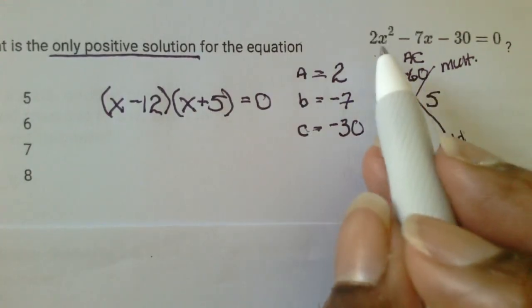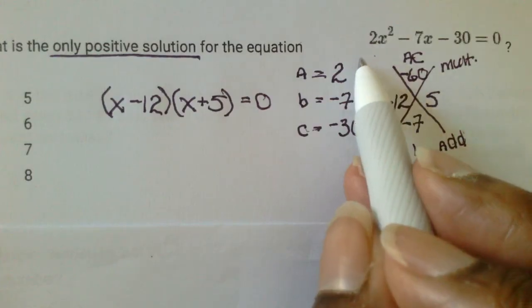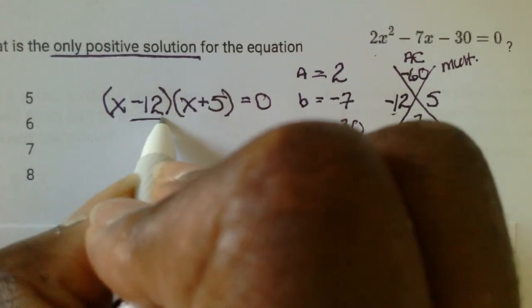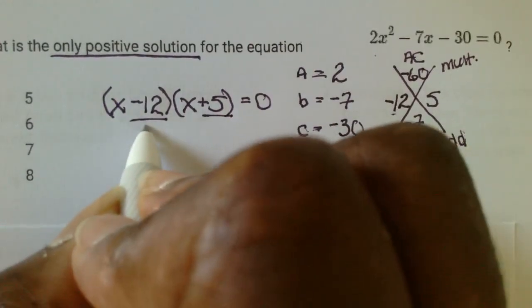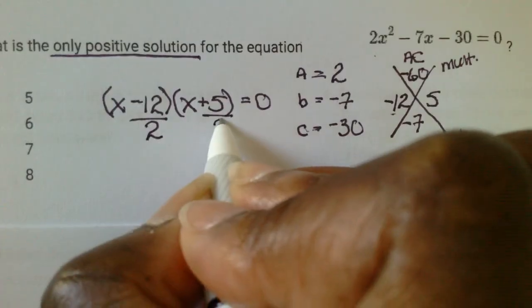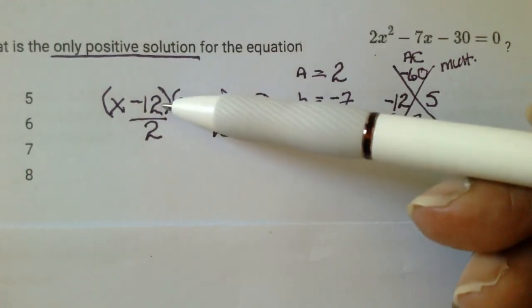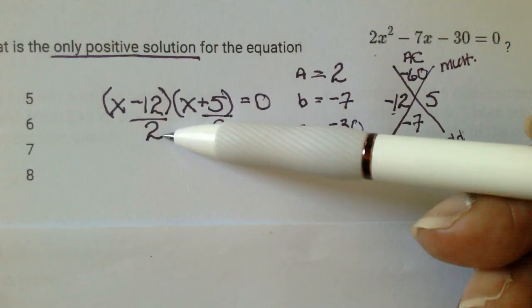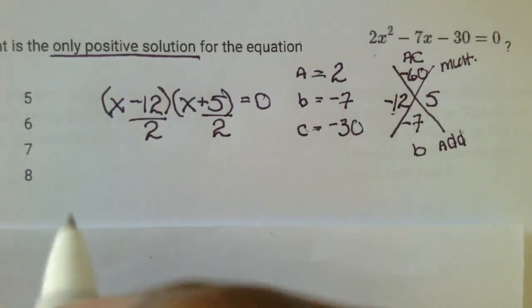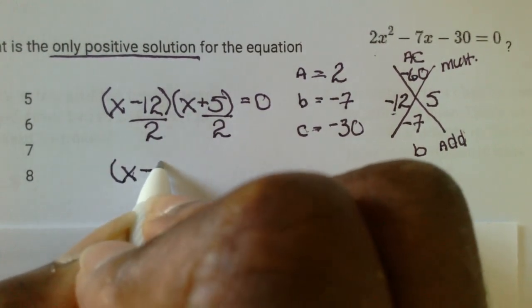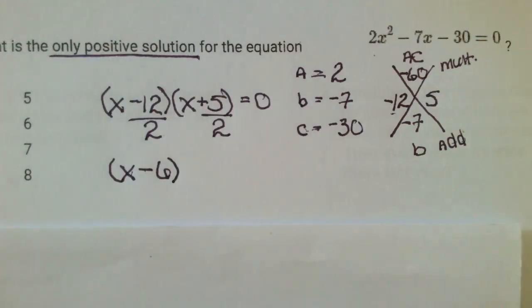So now, our leading coefficient, our a, we need to divide both of these by our a. This is called the divide and slide. Negative 12 divided by 2, that can be divided, so we go ahead and divide, which gives us a negative 6.